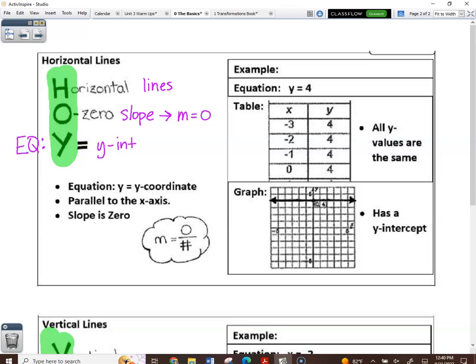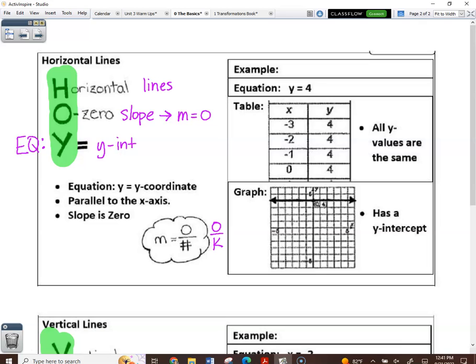It is a no-go when 0 is in the bottom of a fraction. That's when you get errors. In this case, Hoy means the slope is the number 0, which means it is okay. Think of the poster. It is okay for a 0 to be in the top of the fraction.